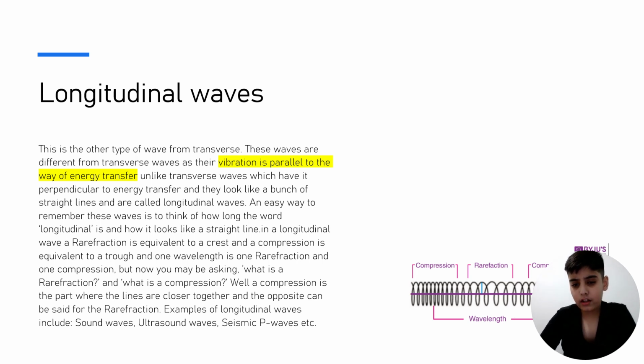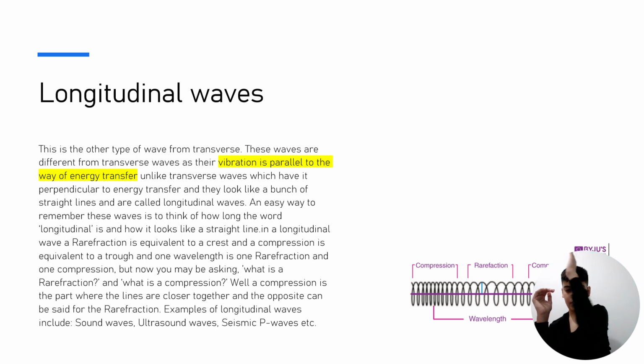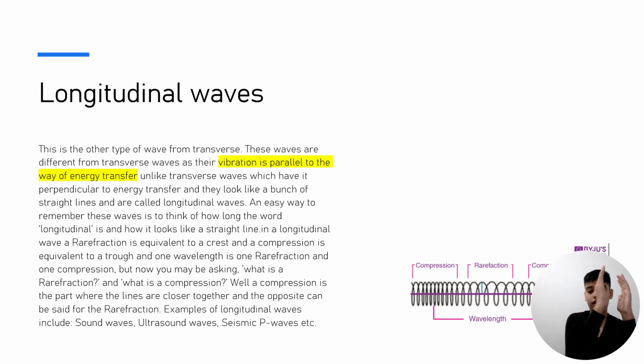And in longitudinal waves, you know how in transverse waves they had crests and troughs. In longitudinal waves, they have compression and rarefaction. So think of the compressions like there are only straight lines the whole way, as shown on this picture of the slinky.